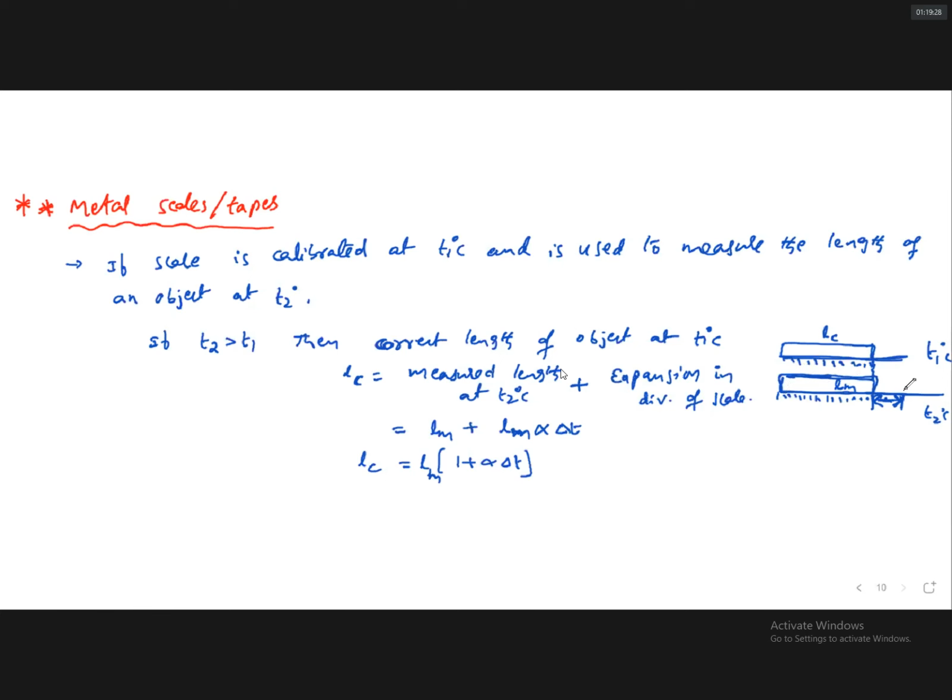But the distance between the divisions increases. If this is a 5 centimeter mark, now this 5 centimeter mark goes to this position. So the correct length can be calculated as measured length into 1 plus alpha delta theta.